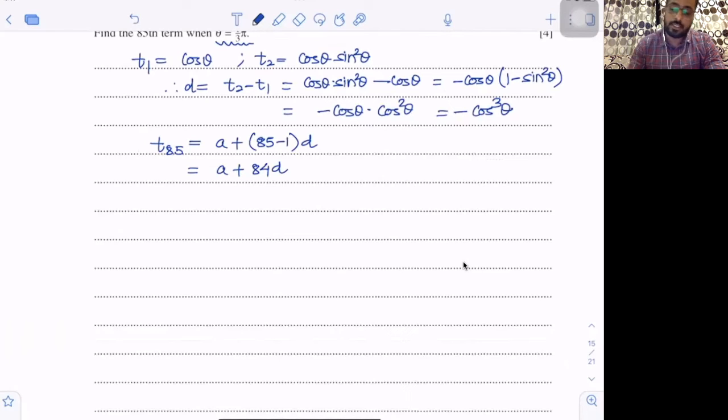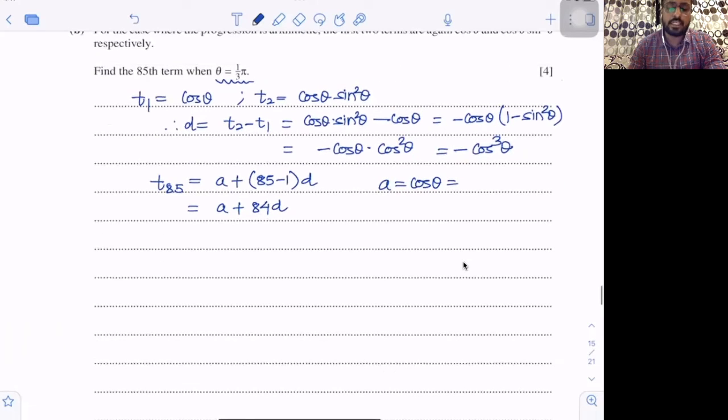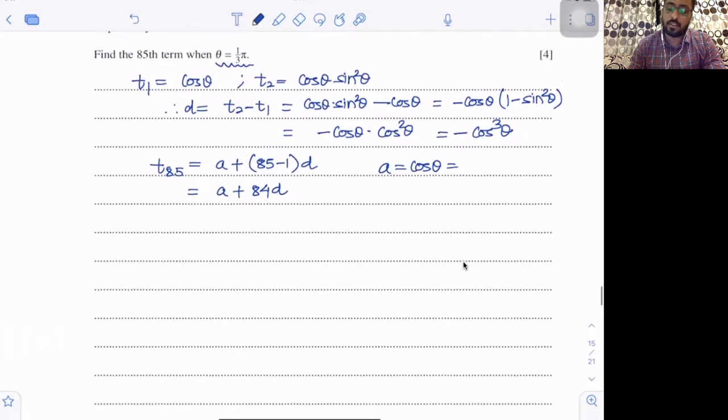First term is cos theta. And the value of theta given to us is pi by 3. So this is cos of pi by 3. Pi is 180, 180 divided by 3 is 60. Cos of 60 is 1 upon 2. So the value of a is 1 upon 2.